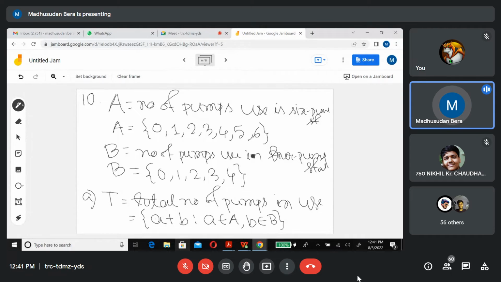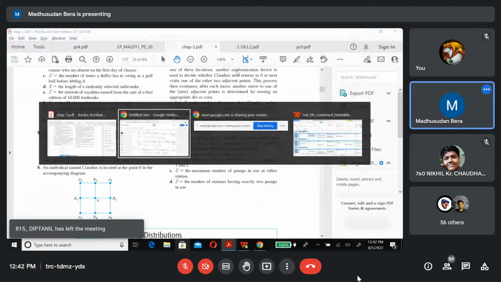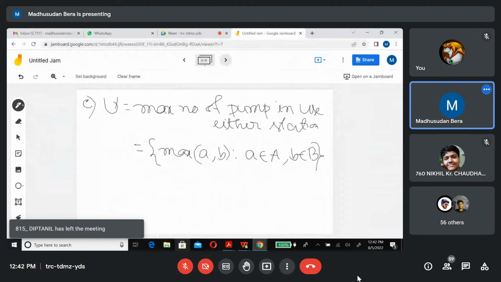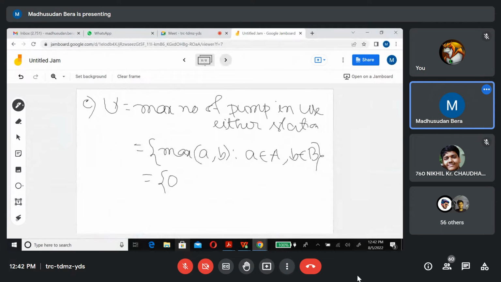What will be the maximum value? 6. So it varies from 0 to 6. If we take these pairs AB, the max is 0, 1, 2, 3, 4, 5, 6. Is this okay?